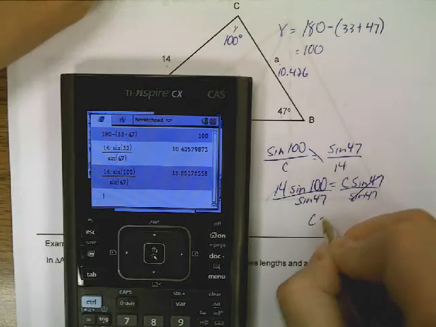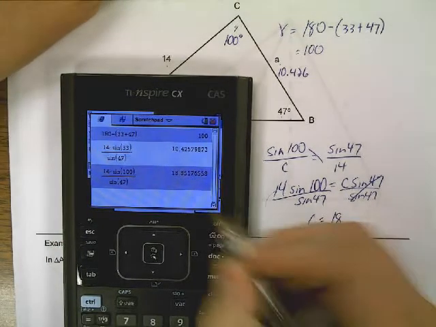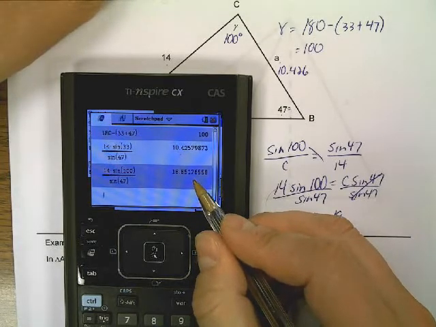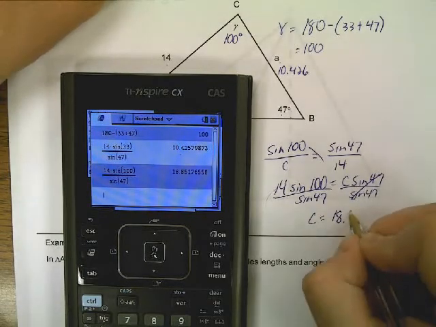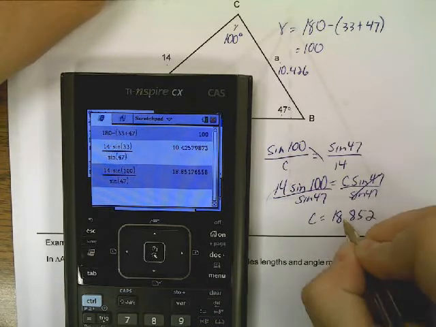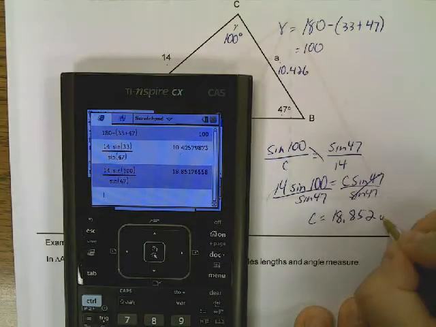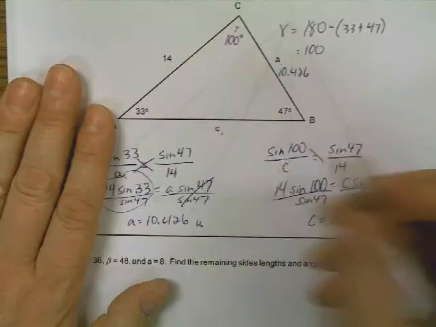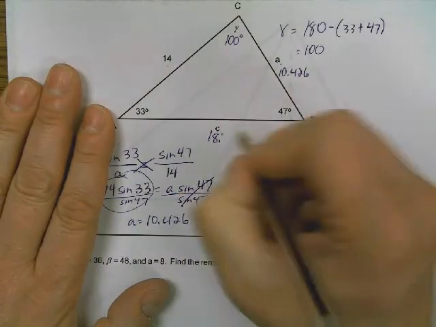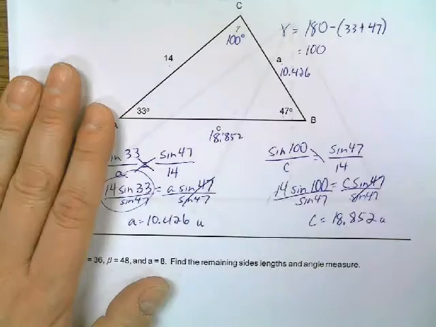Okay, so C is going to be 18.851, but the next digit is a 7, so that'll become 852. And then, of course, that's in units. So that's 18.852.